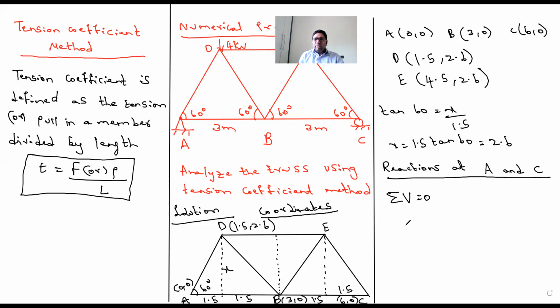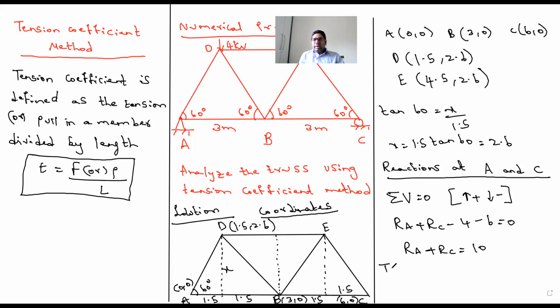So what is the sign convention? Upward positive, downward negative. RA plus RC minus 4 minus 6 is equal to 0. RA plus RC is equal to 10.